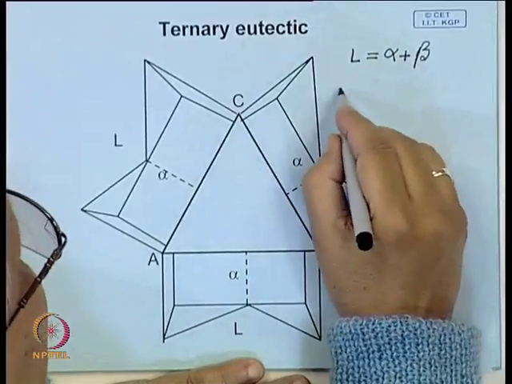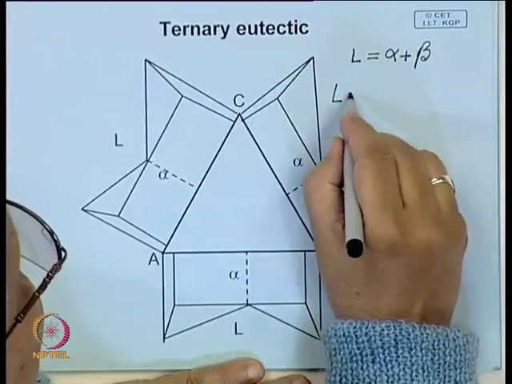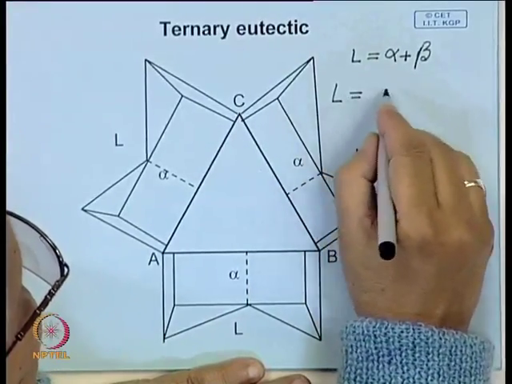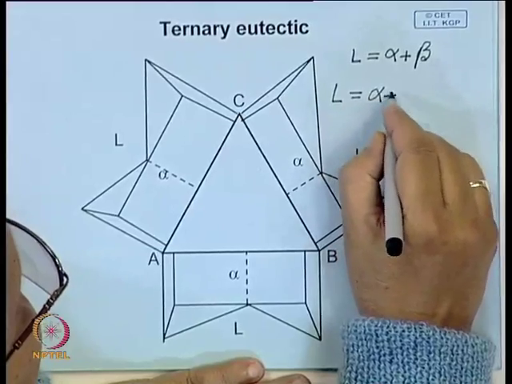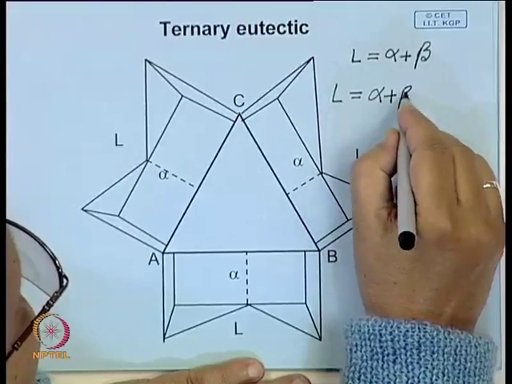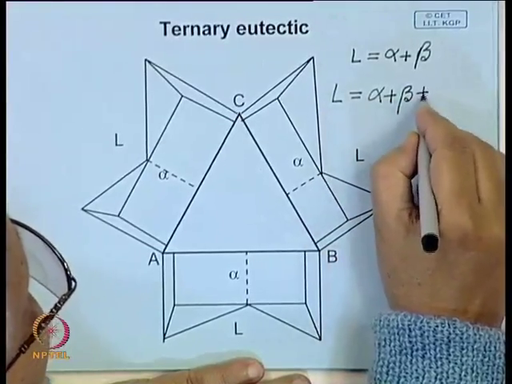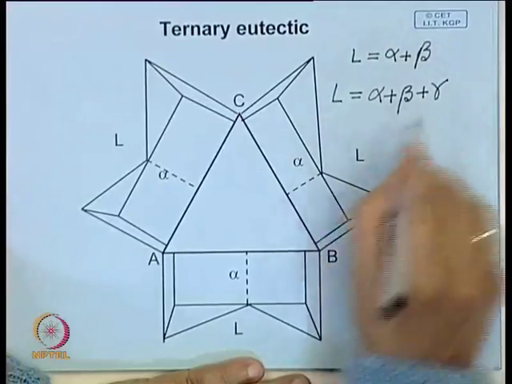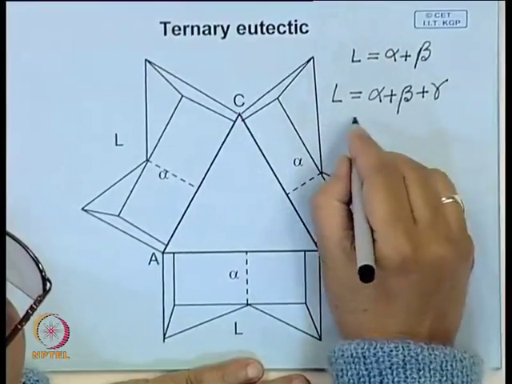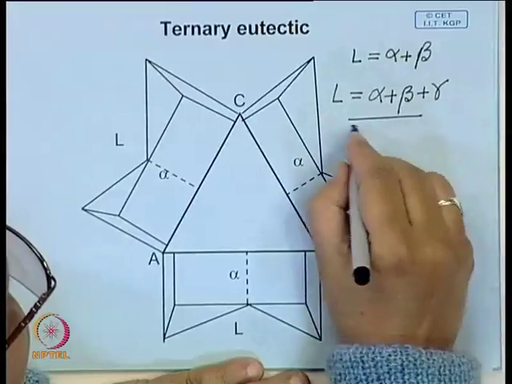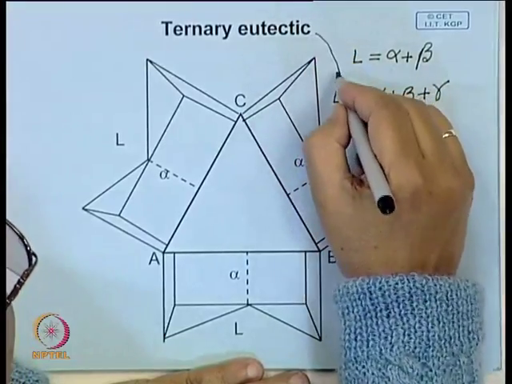In case of a ternary eutectic, a liquid of a particular composition will decompose at the same temperature into a mixture of three solids. This is the ternary eutectic.